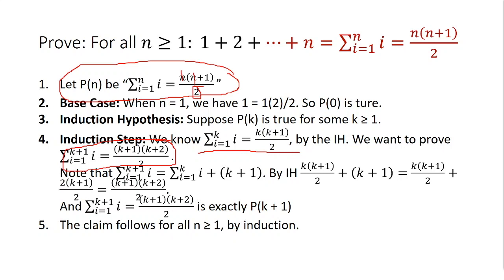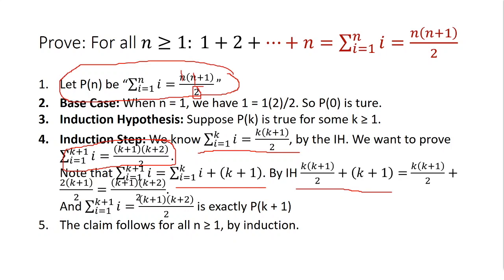P of k plus 1 will be like this, because we take P of k and then add k plus 1 to it. Let's see if they are the same or not. So this is P of k plus 1.